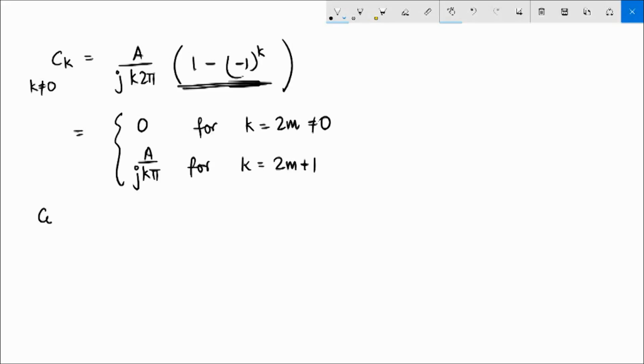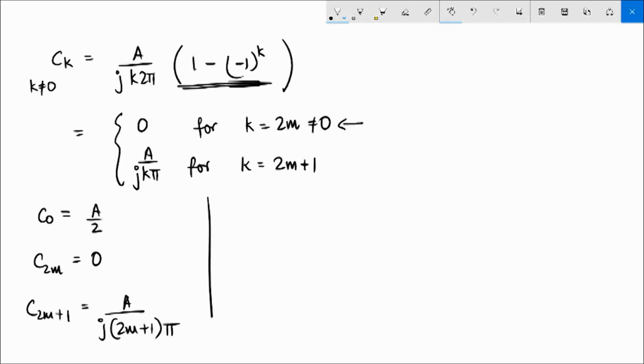Therefore, I can say C0 is equal to A by 2, C of 2m, meaning all the even coefficients, are also 0, and all the odd coefficients are A upon j k pi, and k is odd, that means k is 2m plus 1. So A upon j (2m plus 1) pi.